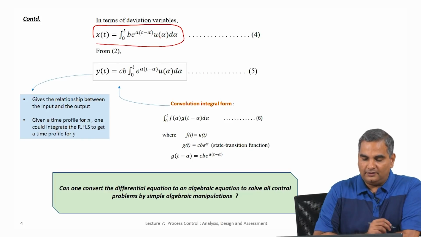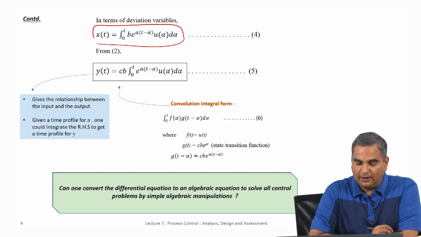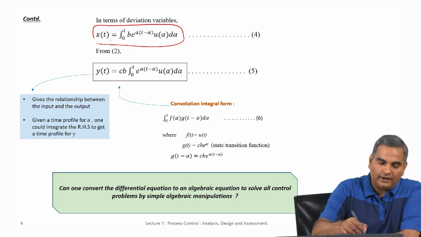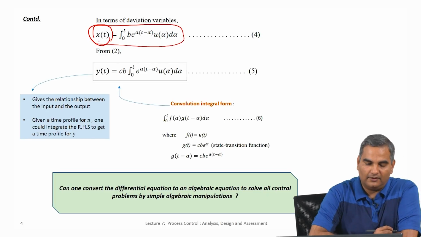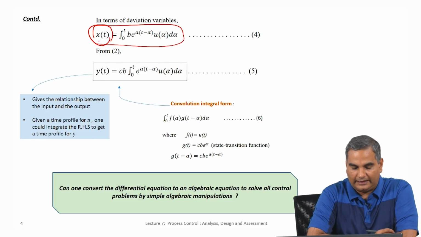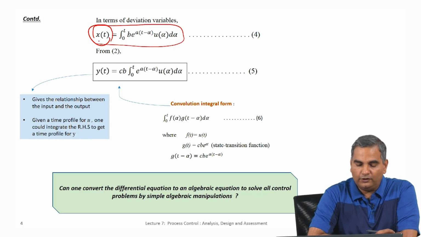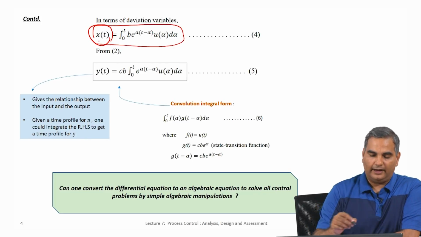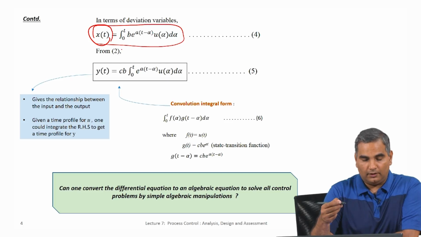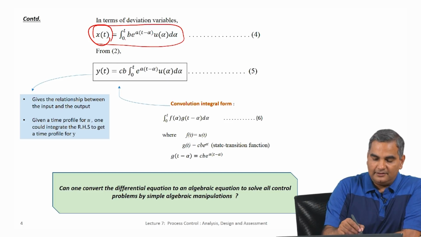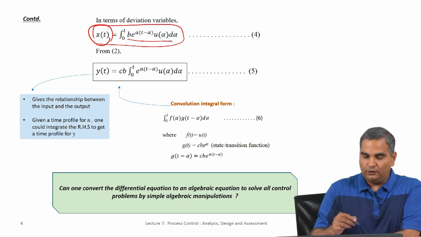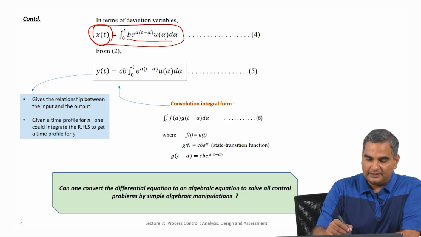So, when you look at this equation, basically what it says now is, if you want to find what the state variable value will be at x of t, then what you need to do is integrate from 0 to that time, and inside the integral you have this. So, when you do this integration, this u alpha, alpha goes from 0 to t.